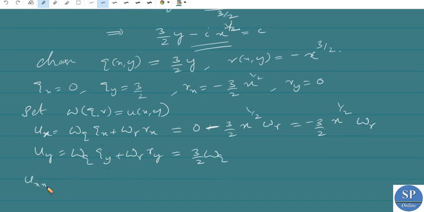For that, u_xx is nothing but dou by dou x of u_x. u_x is this: minus 3 by 2 into x power 1 by 2 into w_r.